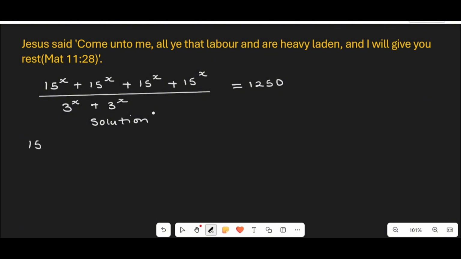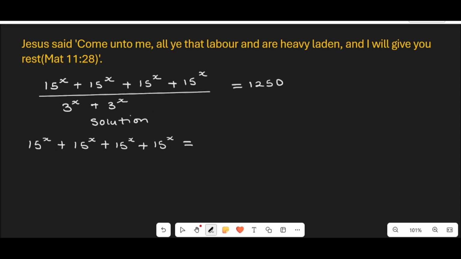15 raised to power x plus 15 raised to power x plus 15 raised to power x plus 15 raised to power x is equal to, let us factor out 15 raised to power x.